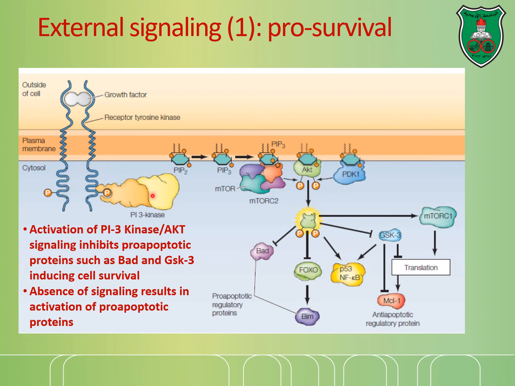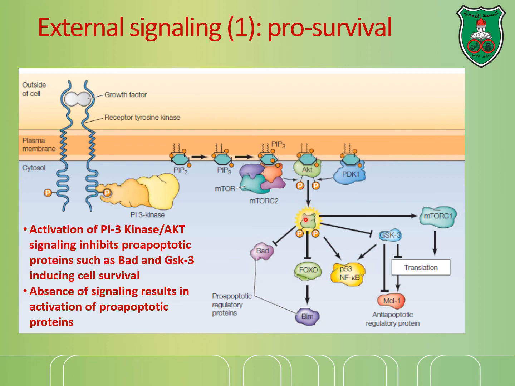PI3 kinase would phosphorylate a lipid molecule associated with the plasma membrane known as PIP2, converting it to PIP3. So it adds a phosphate to the molecule. Now, this PIP3 would then associate with and activate a protein known as mTOR. mTOR can then activate AKT.